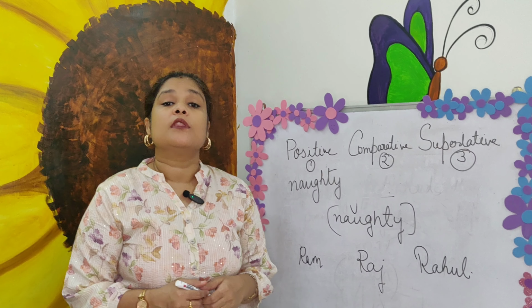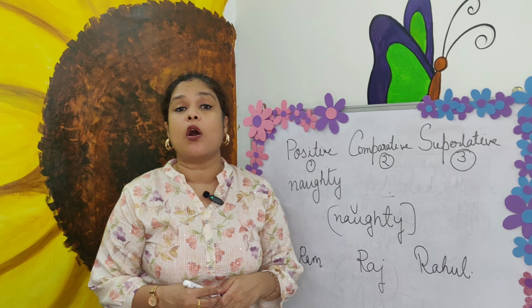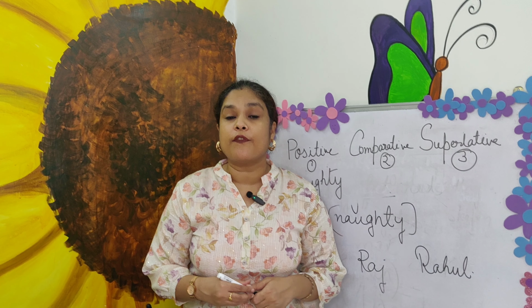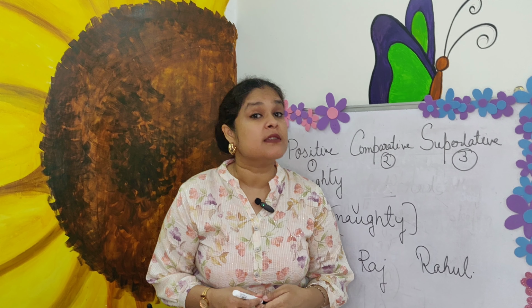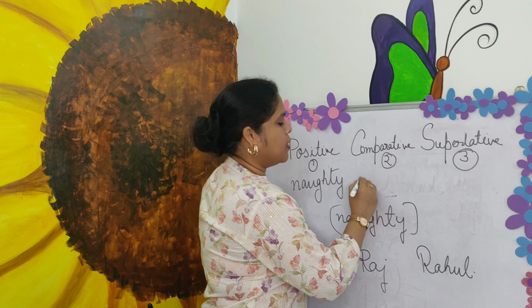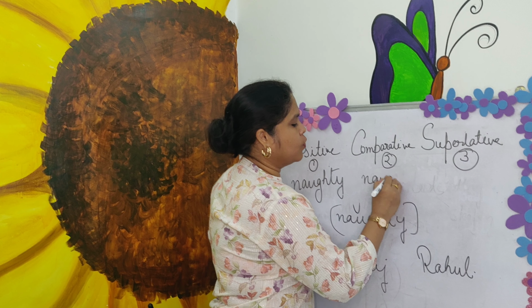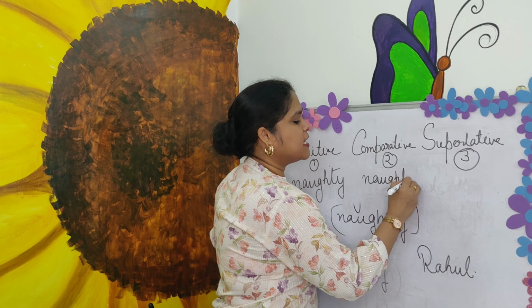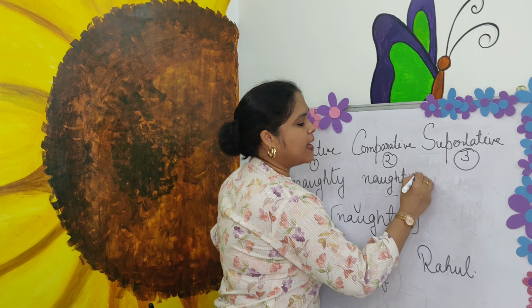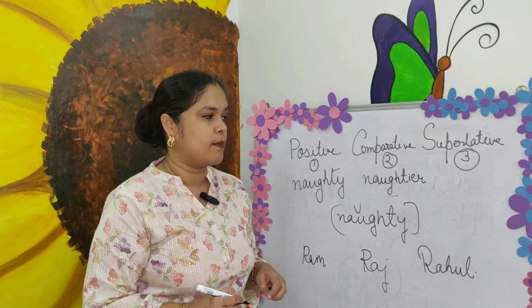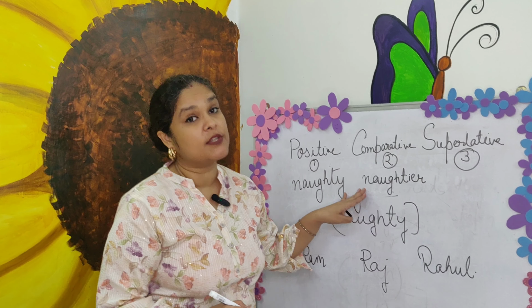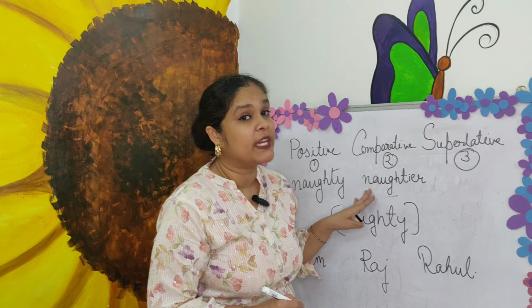So here the positive degree of adjective of the word naughty becomes naughtier. N-A-U-G-H-T, I have added I-E-R. So this was the comparative form of the adjective naughty.